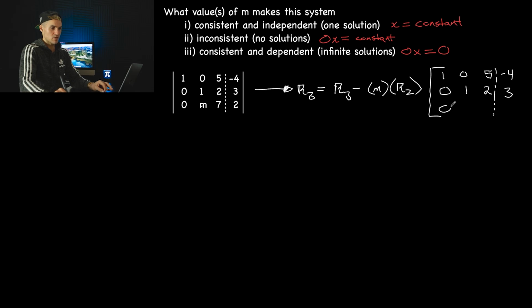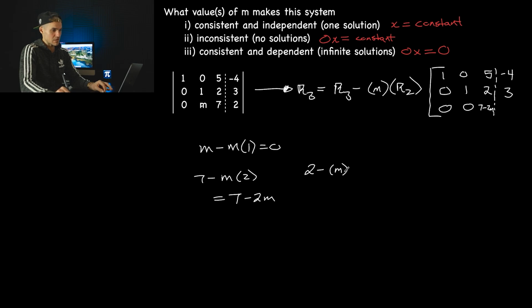So we're going to have 0, as I just showed here, m minus m times 1 is just 0, so we're going to end up with a 0 here. Here we're going to have 7 minus m times 2. So it's actually going to be an expression 7 minus 2m that we're going to get over here. And then over here, we'll have 2 minus m times 3. So we're going to have 2 minus 3m, like that.